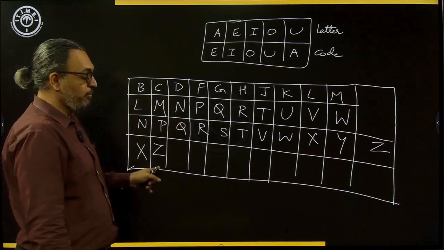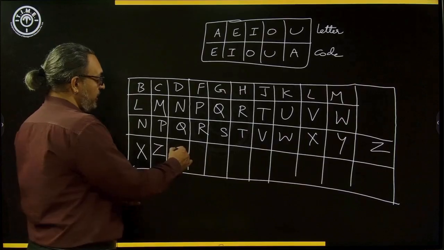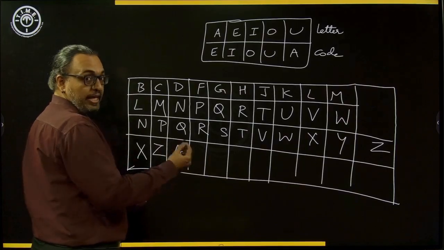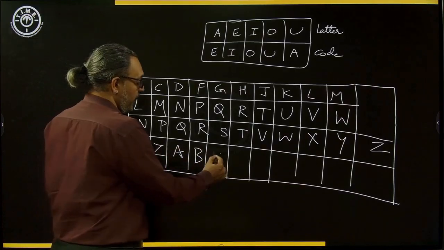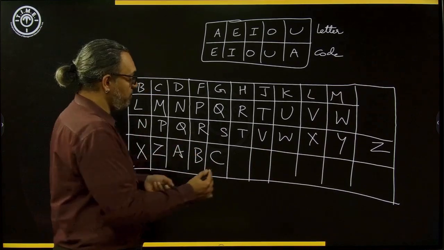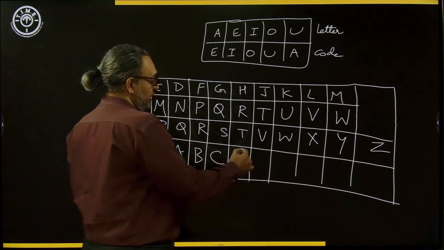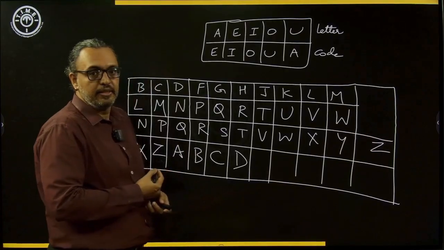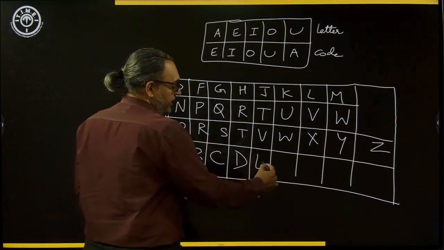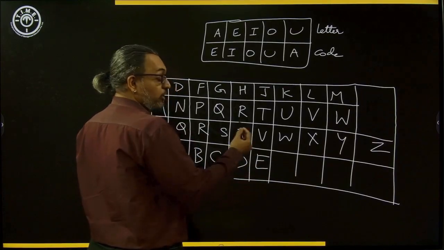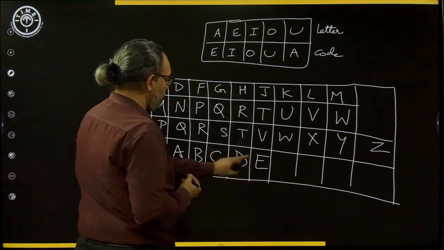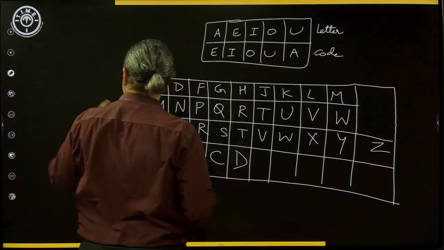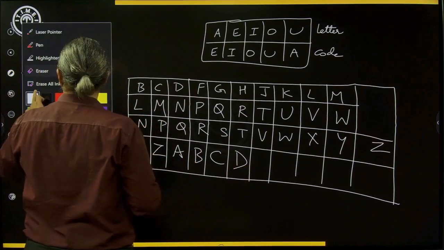Correct? So we have P, now 17 plus 10, 27, 18 plus 10, 28, 19 plus 10, 29, correct? 20 plus 10 is 30, then 31, sorry, not 31, see? Now between T and V, U is missed, correct? So be careful when you are taking the letters, we need to be alert.